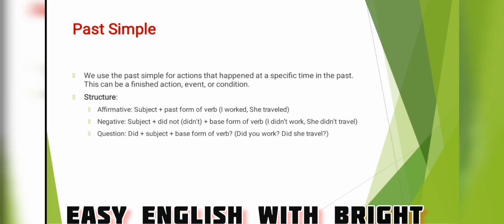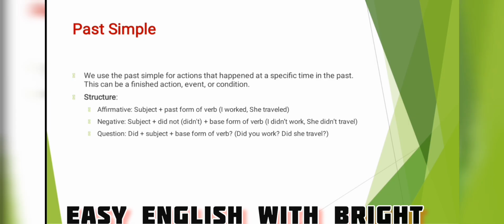I worked. She traveled. Negative: subject plus did not plus base form of verb. I didn't work. She didn't travel.